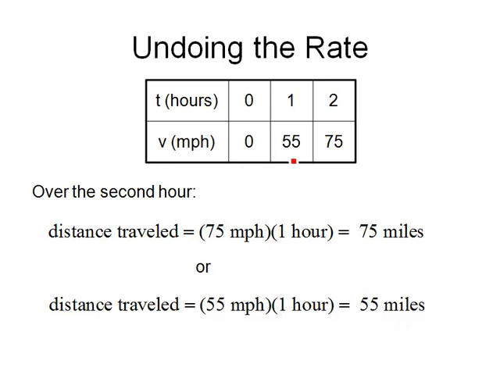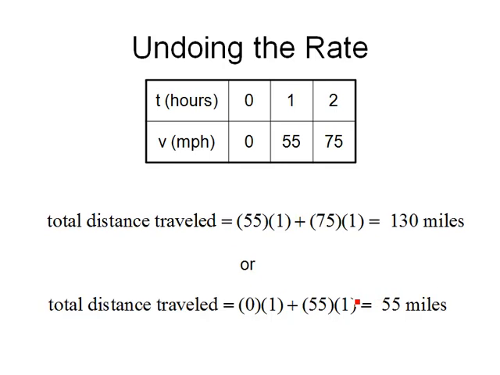And normally what I do is I either assume the lower speed for the entire hour or the upper speed for the entire hour. In reality, we're probably going to have something between 55 and 75. So if I make an estimate of the total distance traveled over this time, in one case I did 55 miles per hour for 1 hour and then 75 miles per hour for 1 hour, well that would give me a total of 130 miles traveled.